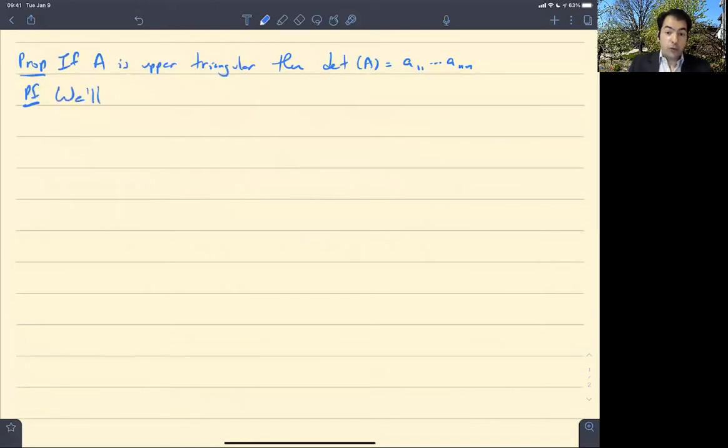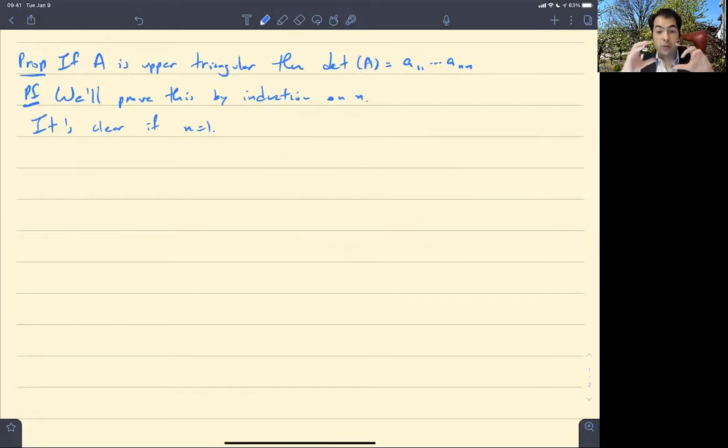As usual, we'll prove this by induction on n. It's clear if n is equal to 1. If n is equal to 1, the matrix is of size 1 by 1, so it has a single element, and the determinant is that element. So this is clear in that case.